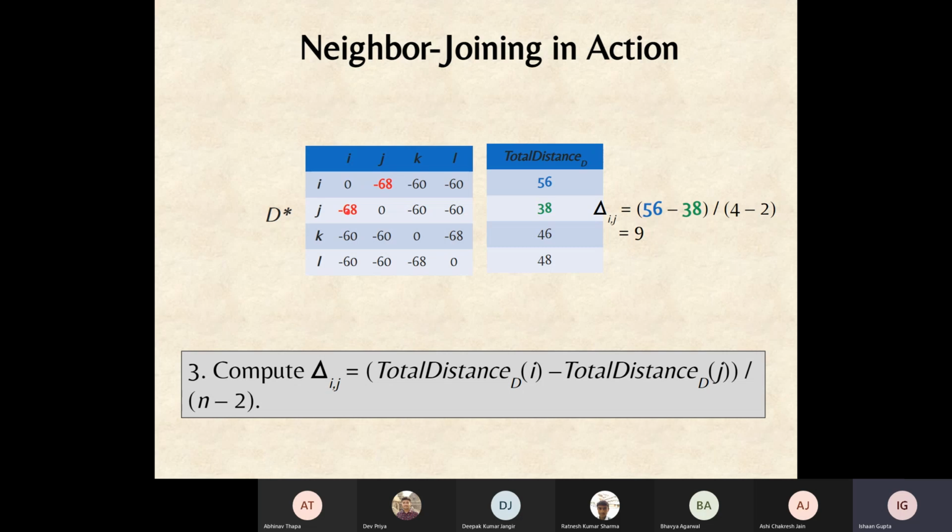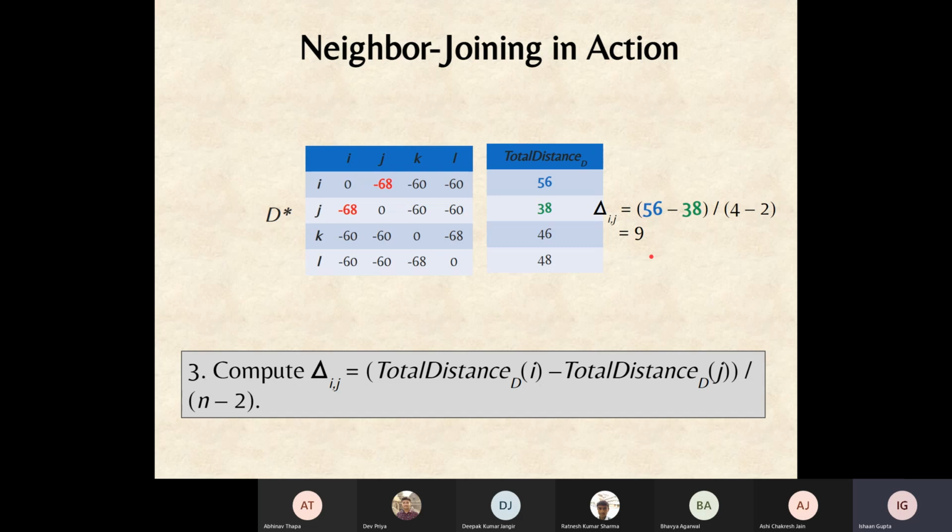All right. After that, you compute the distance of the limbs, so the distance between I and J. This distance is written as delta ij, and this is given by total distance I minus total distance J divided by n minus 2. All right, so this value is 9.